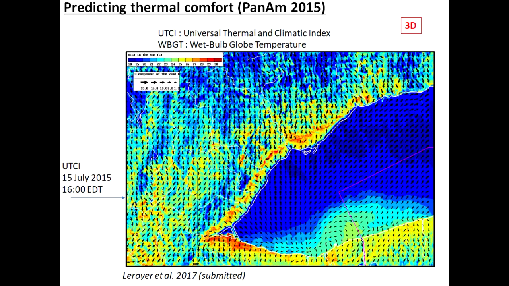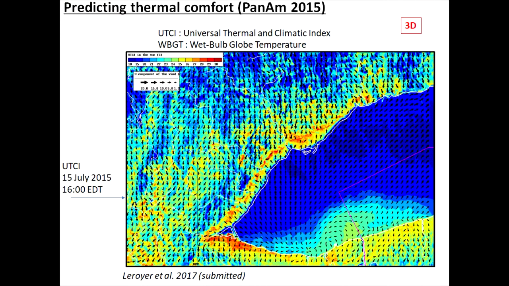More recently, in the context of the Pan Am Games, there was a multidisciplinary team, and there was an interest to include heat stress indices in a health related experimental platform that was called Wisdom. They used, for example, the basic meteorological parameters like temperature, the wind and humidity, humidex, but also the more advanced heat stress indices, UTCI and WBGT.